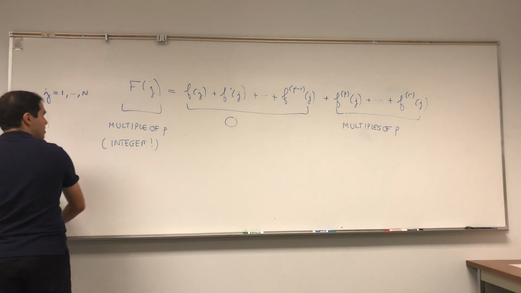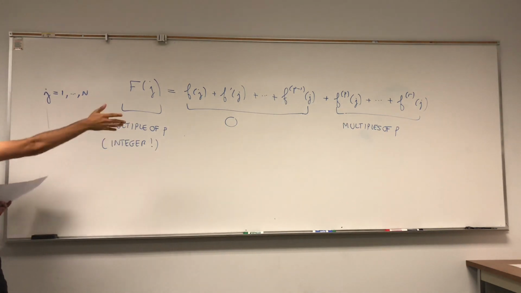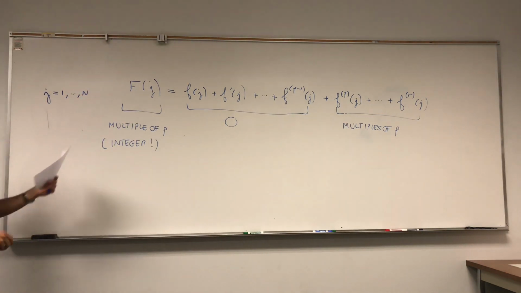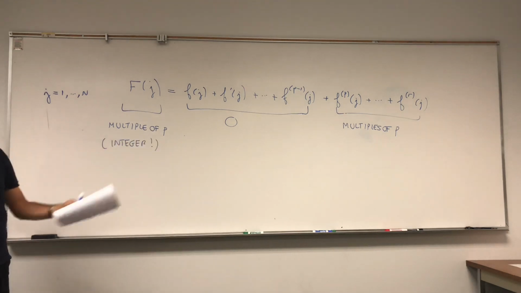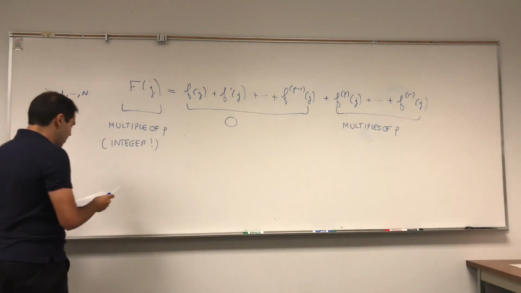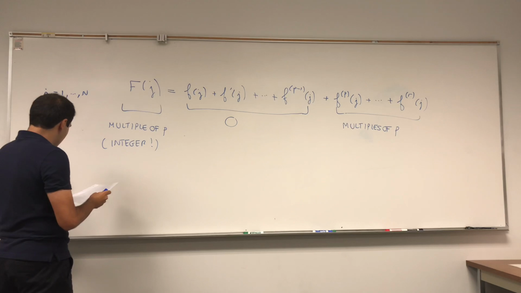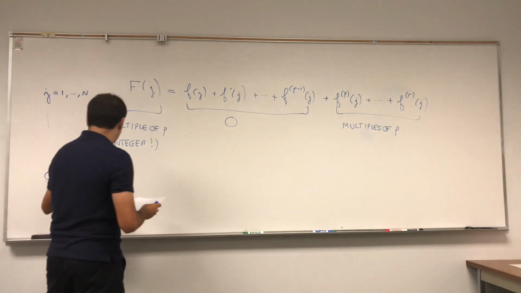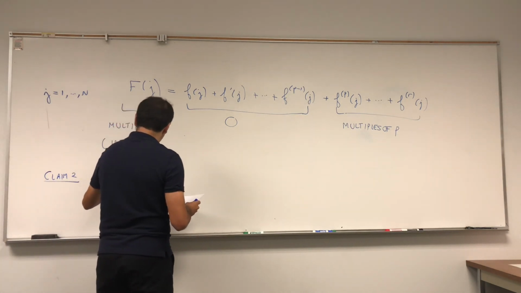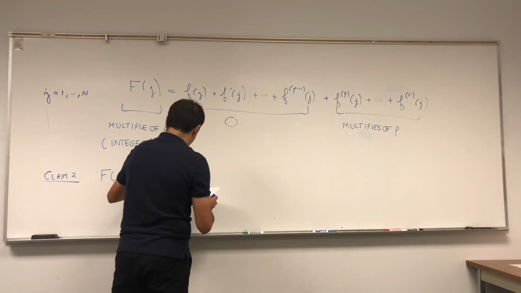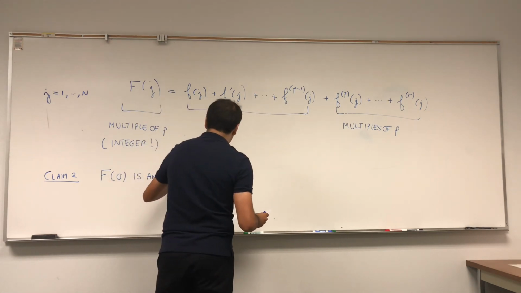It turns out, even though the f of j, or n bodies f of j, are integers and multiples of p, it turns out that f of 0 is still an integer, but not a multiple of p.